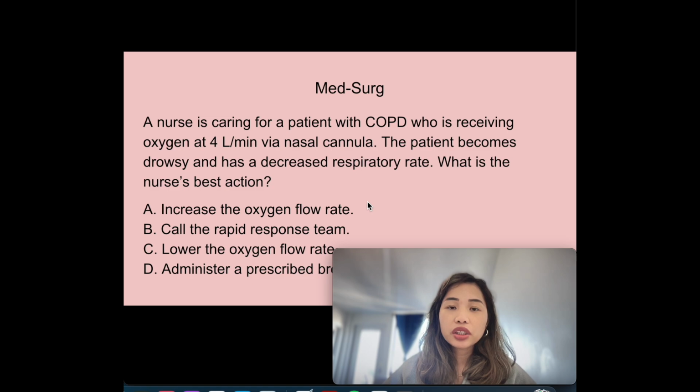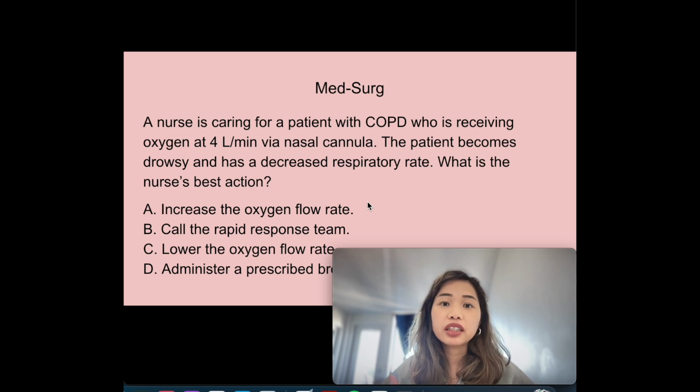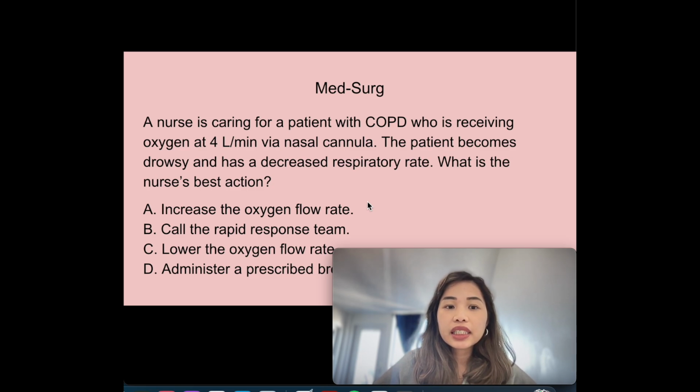Basically, the low oxygen levels in their body signal the respiratory system how to regulate their breathing. So increasing the oxygen flow rate in this scenario will worsen the patient's hypoventilation. It'll just exacerbate what's happening with the patient with COPD.